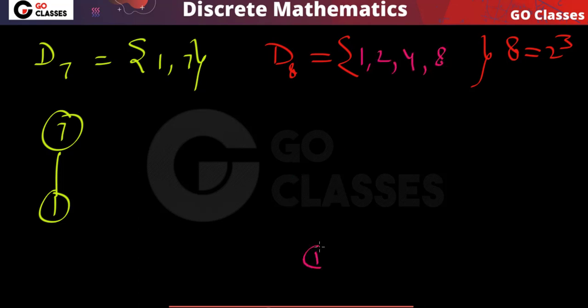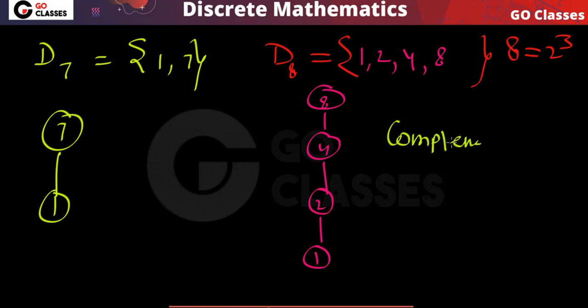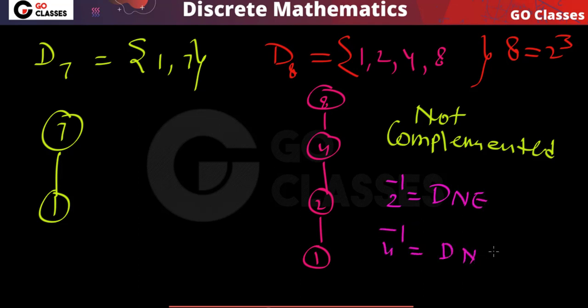The Hasse diagram is 1 divides 2, 2 divides 4, 4 divides 8. Any total order with more than 2 elements is not complemented. Is this complemented? The answer is no, because the complement of 2 does not exist, and the complement of 4 does not exist. So D8 is also not complemented.